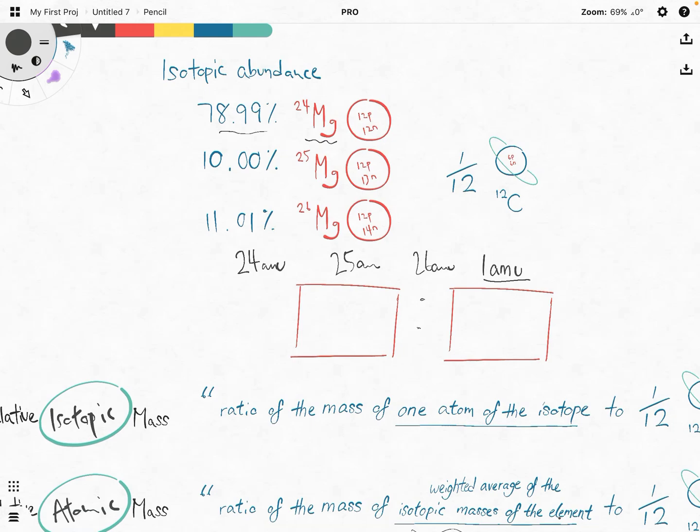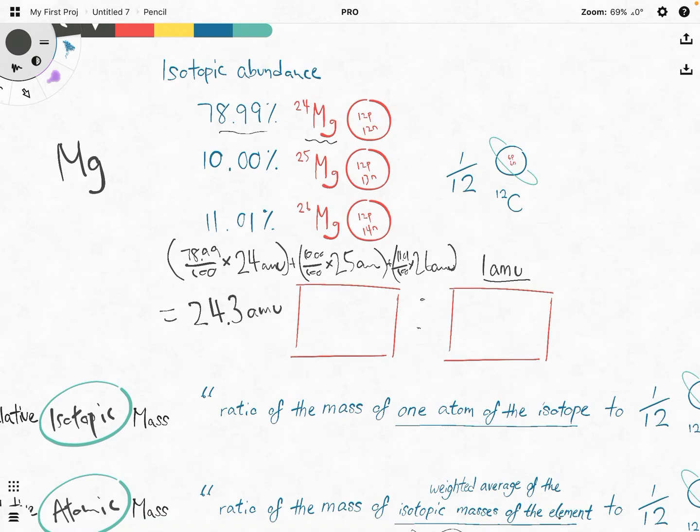You need to first take 78.99 divided by 100 times 24 AMU, plus 10.00 divided by 100 times 25 AMU, plus 11.01 divided by 100 times 26 AMU. That gives me around 24.3 AMU. That is the weighted average of the isotopic masses of this particular element, magnesium.